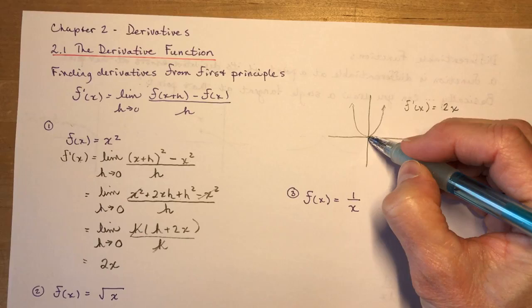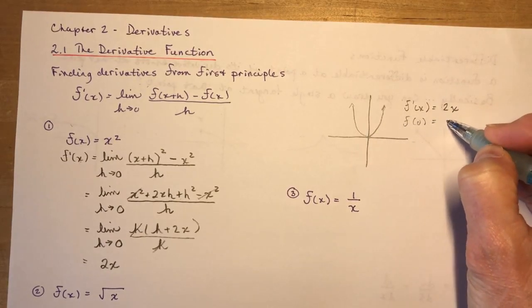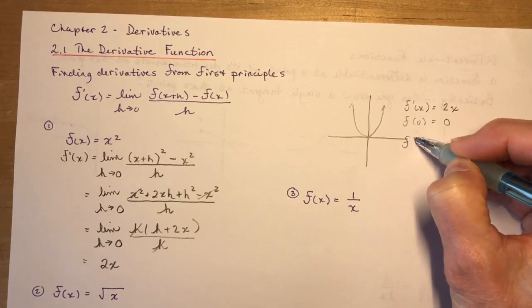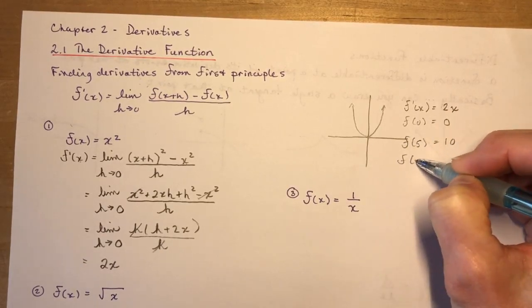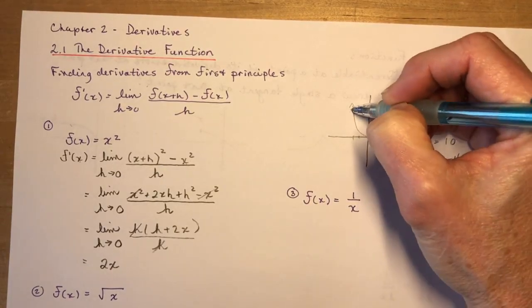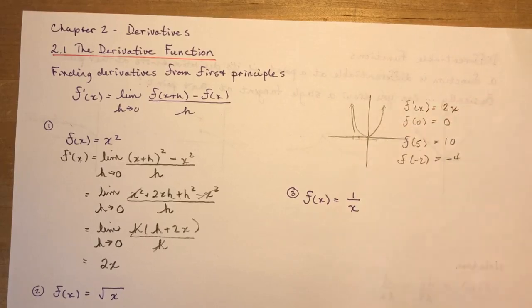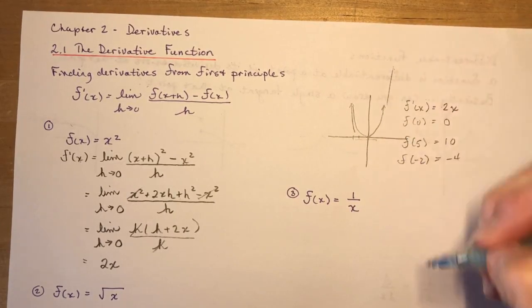So that tells me when x was 0, so f prime at 0, now I can say, oh, the slope at 0 is 0. What is the slope at 5? The slope at 5 is going to be 10. What's the slope at negative 2? Oh, it's going to be negative 4. Watch, 1, 2, negative 4, 0, 5. Oh, I didn't draw it out far enough to show you, but it would be something like that, right?